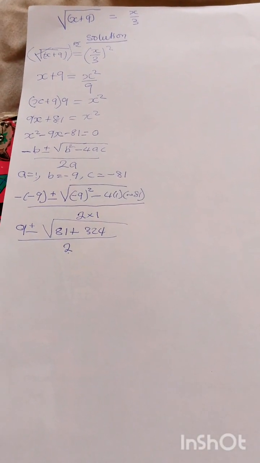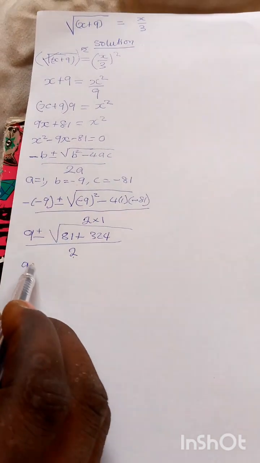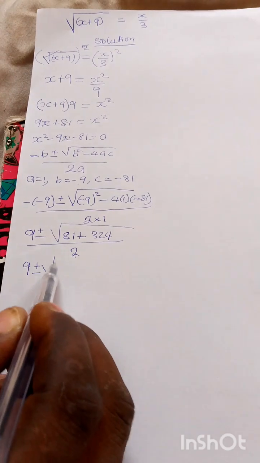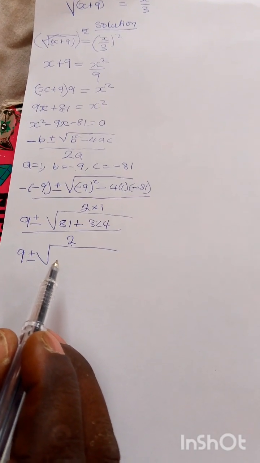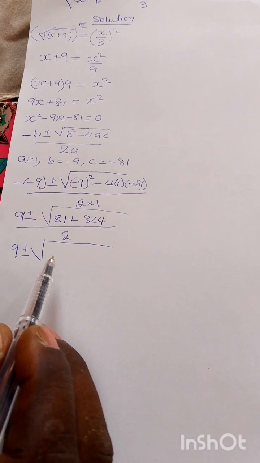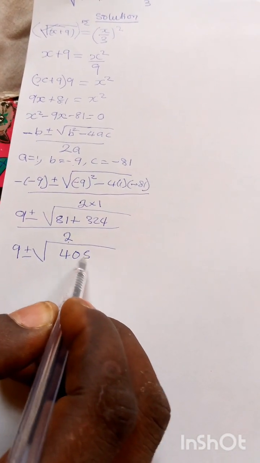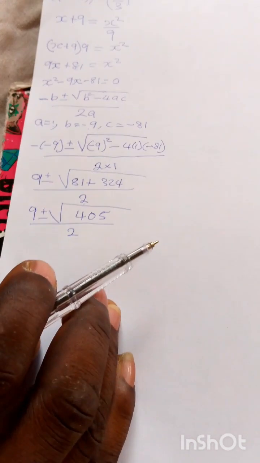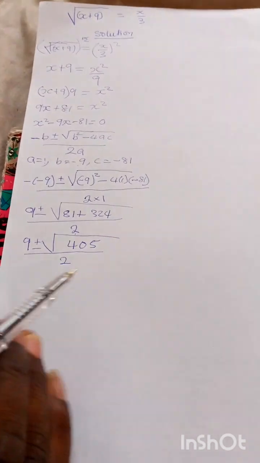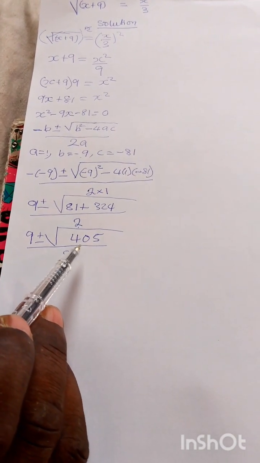Okay, so what we're going to do now is add this together. So we have 9 plus or minus square root of 81 plus 324, which will give us 405. This is all over 2. Now we know that this 405 is not a perfect square.